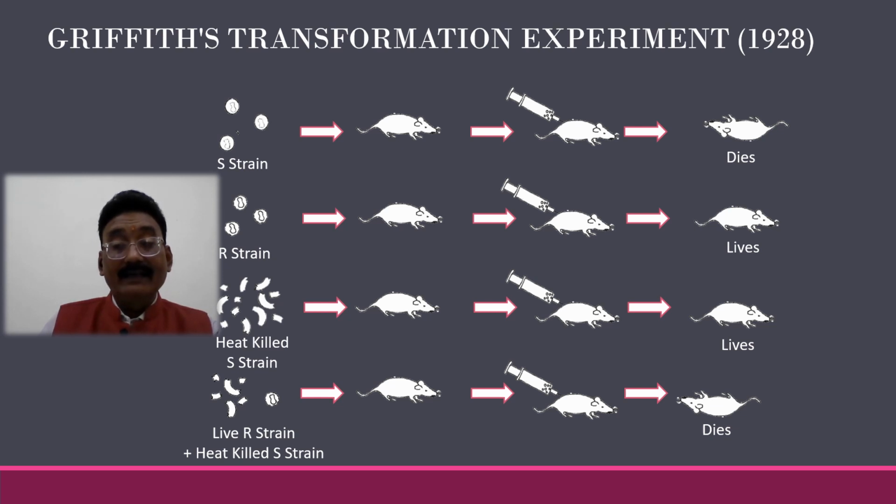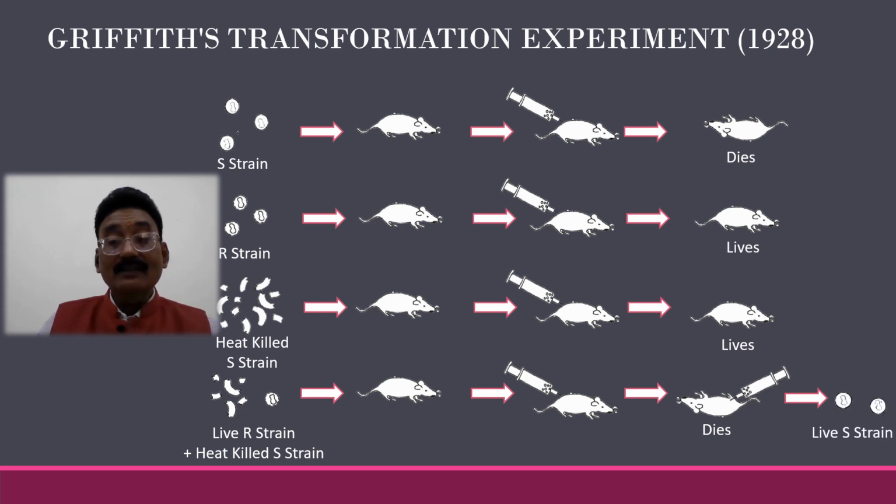When he recovered the bacteria from the dead mice, he found that they contained the virulent S strain, which proved that the heat-killed bacteria transferred something from their body to the live R strain.